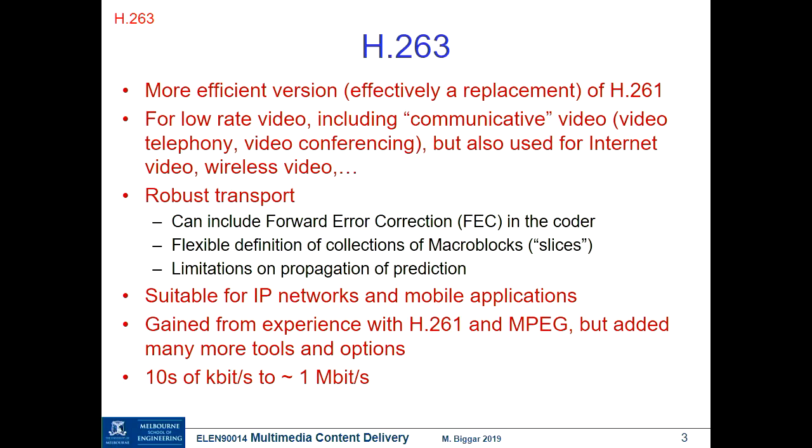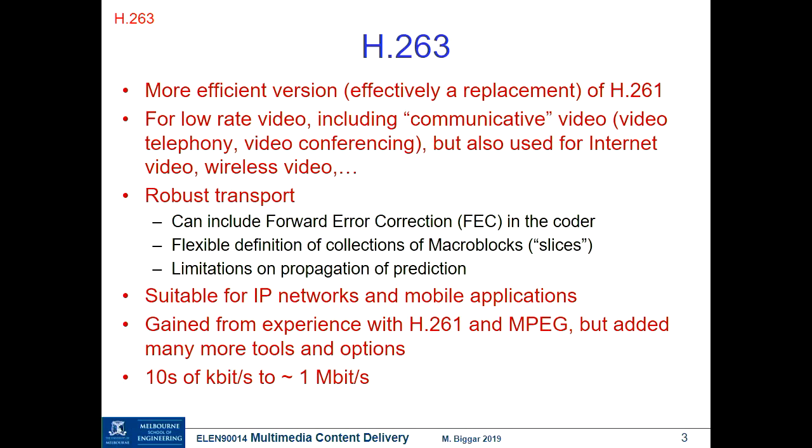We'll meet them later. So H.263 is still used today in various applications. It's a more efficient version of, and therefore a replacement of, H.261, again intended for communicative video, so video conferencing, video telephony. But it's also found use in other internet video applications.